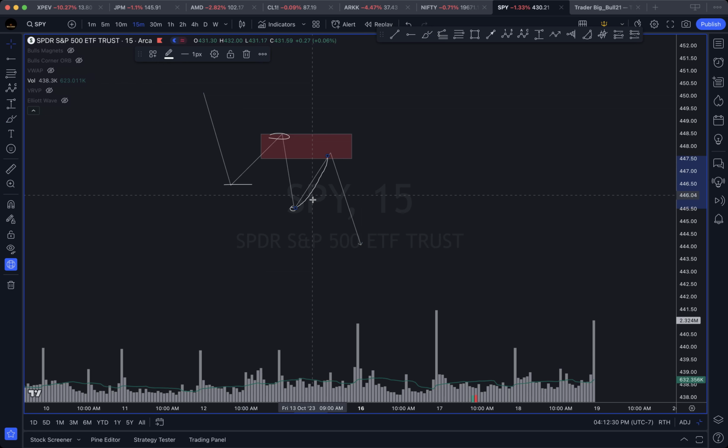But if it goes there again, where would I short it? The second time the scenario is going to be the same, but our level is going to change. Our zone's going to change. We're going to look for where the second move started. This is where the new move started. This is where price made a high, and then price made a new low here.